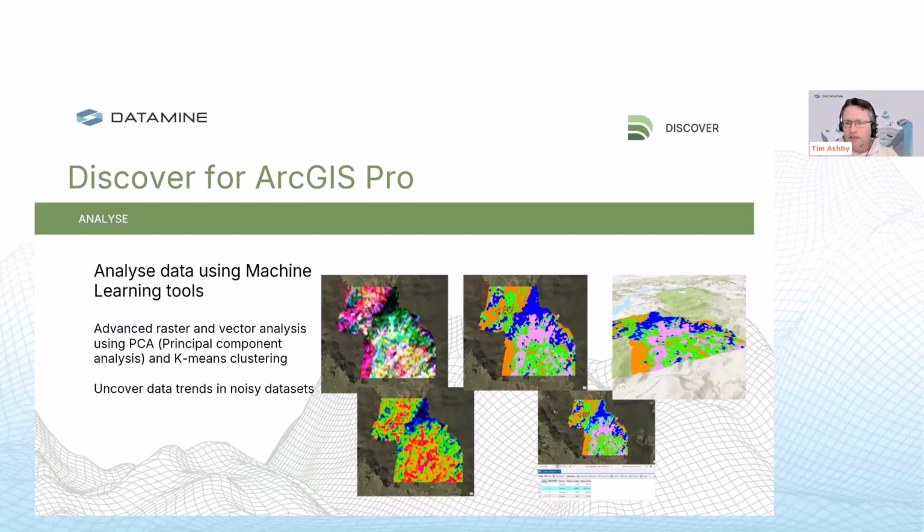It's quite noisy, a little bit hard to interpret what's going on there. And then after we've done our PCA and k-means clustering analysis on it, you can start to see there are groups of common data in there. So you might overlay this with a structural map or a geological map, and you can start to see patterns evolving.